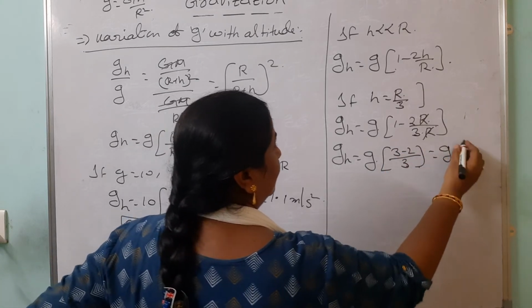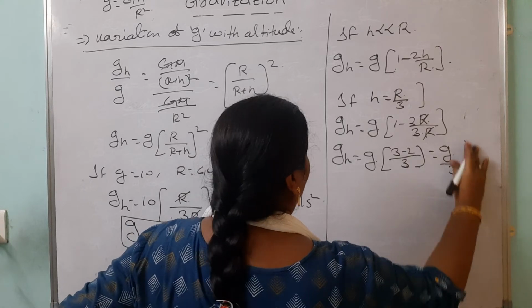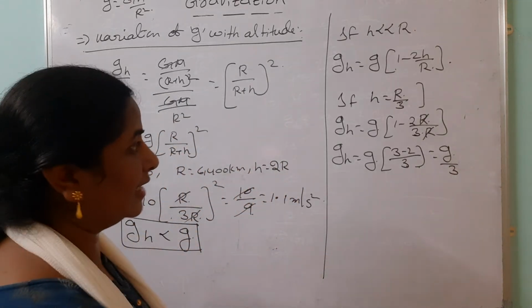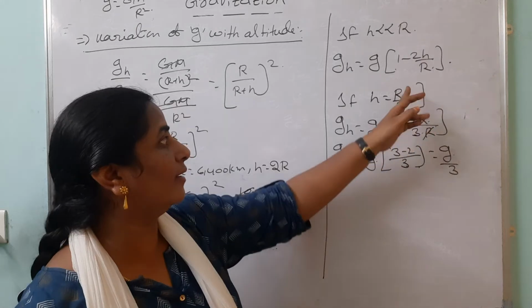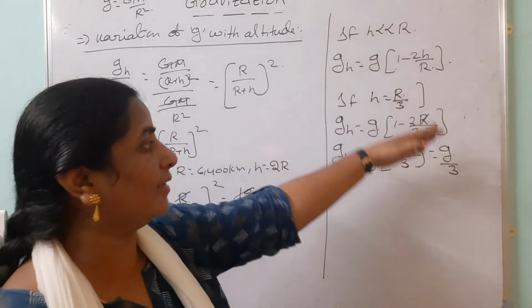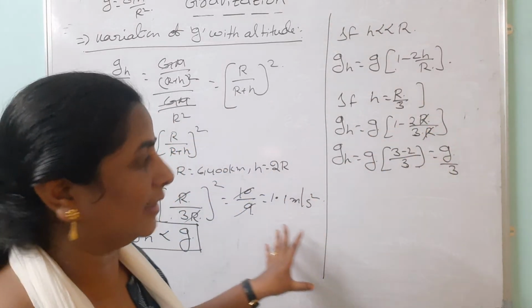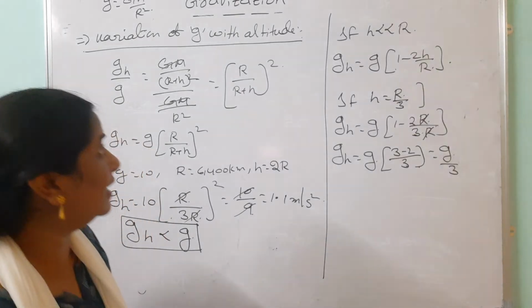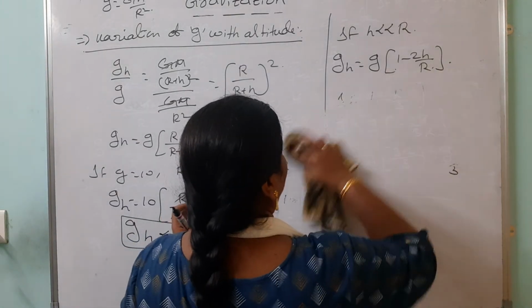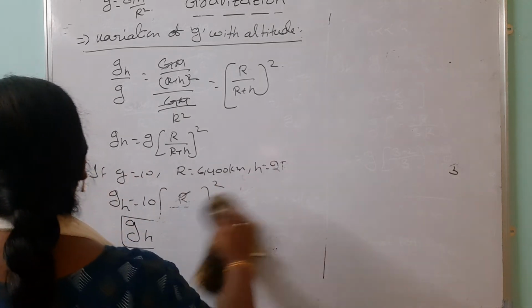Then g_h equals g by 3. On earth it is 10 meter per second square, but when you go to that 1/3 of the radius, it decreases to 1/3. Like that we can use the variation of g with altitude.